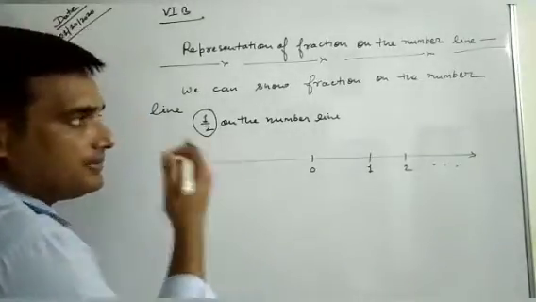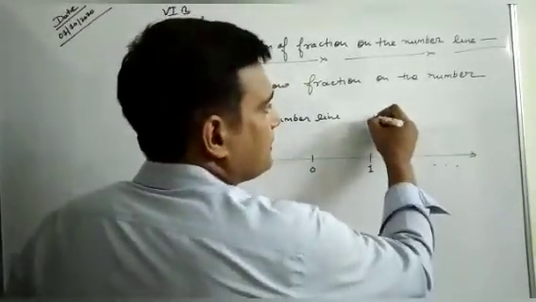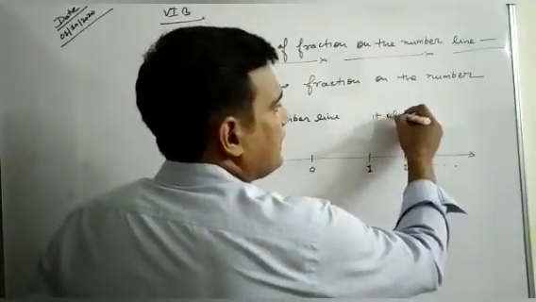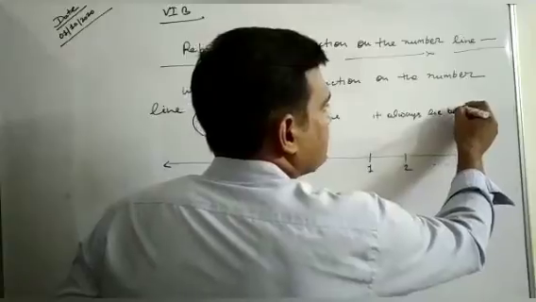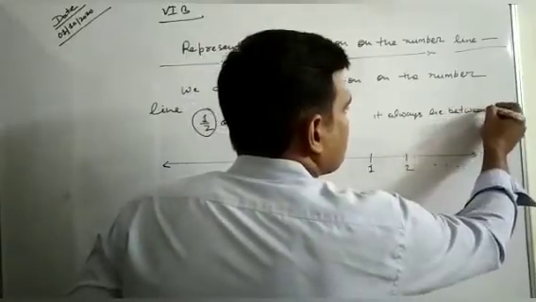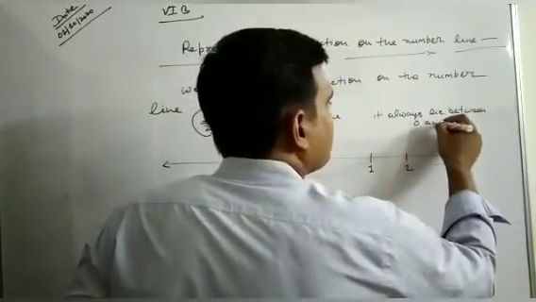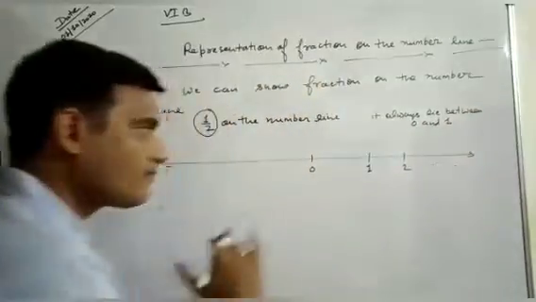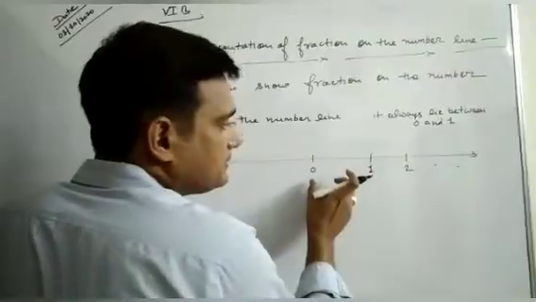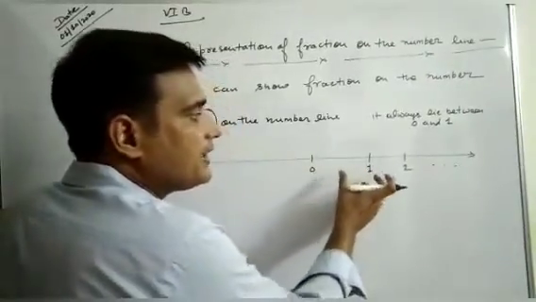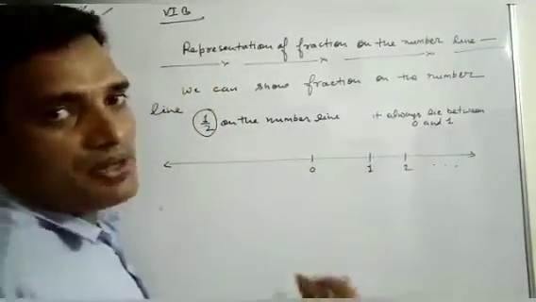So it always lies between 0 and 1. Understand?